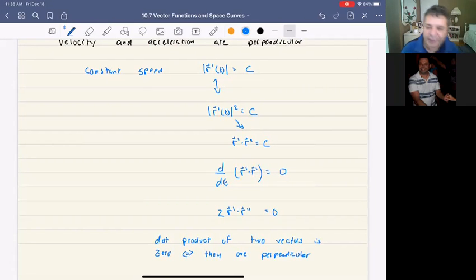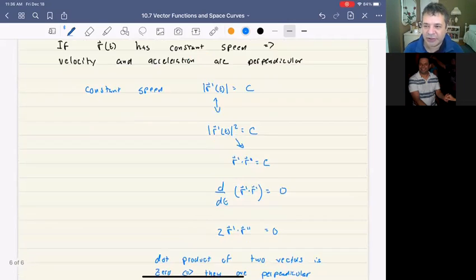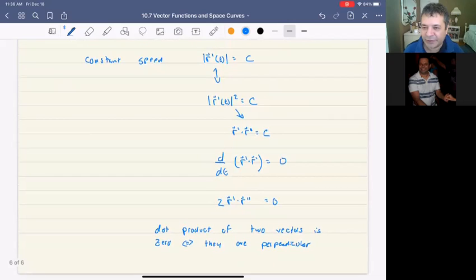Of course, you could have a being 0, but if acceleration is 0, then you don't even have any speed because velocity doesn't change, right? You don't have any change in speed. So that's clearly true, okay?